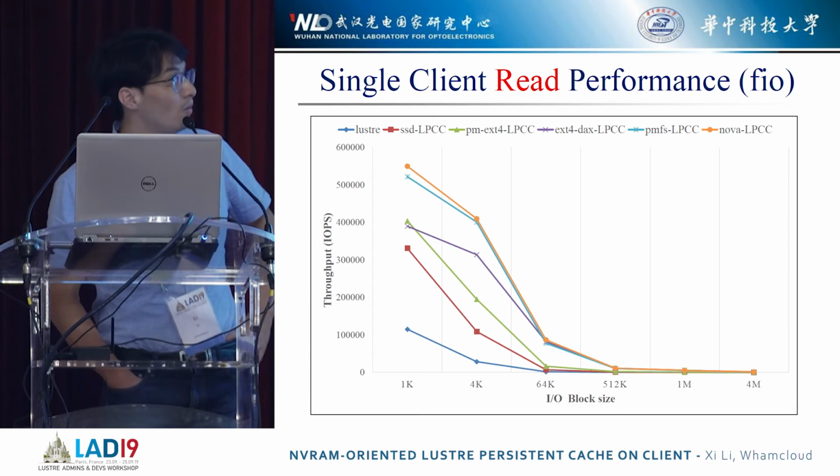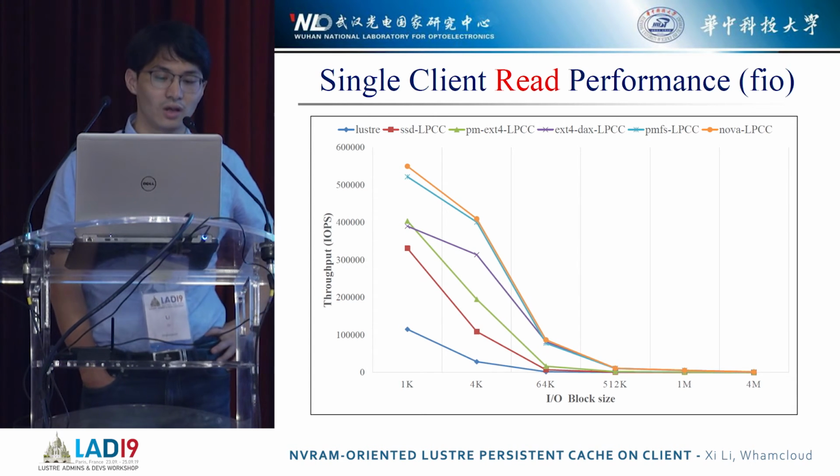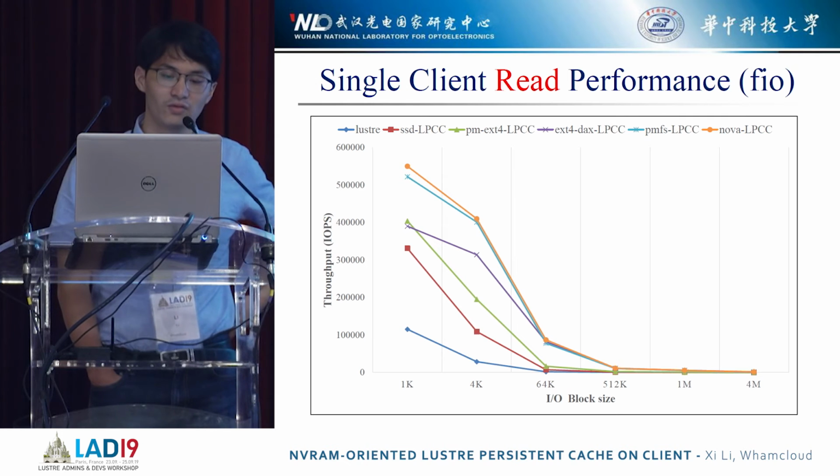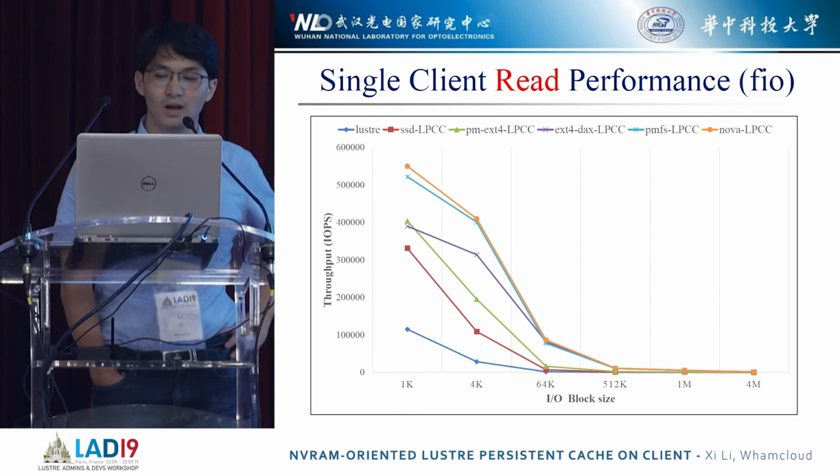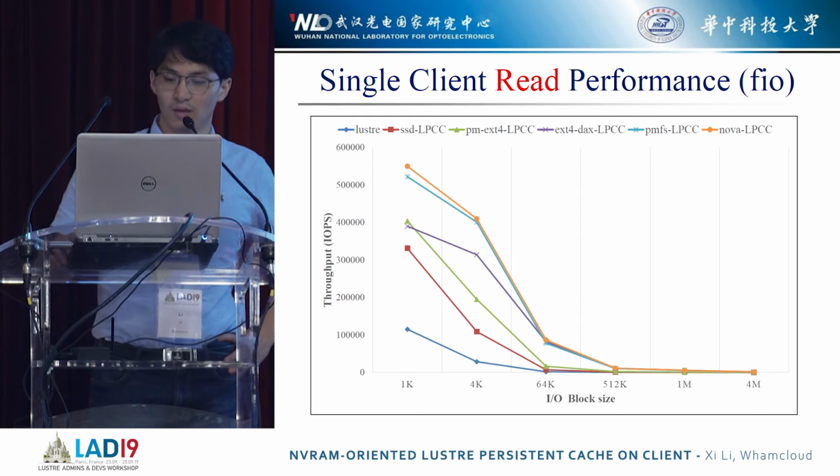I don't know the details because I don't know the DAX feature a lot, but I guess there might be something that could be improved in the DAX implementation of EXT4. But PMFS and Nova always have the best performance because they are designed for NVRAM.